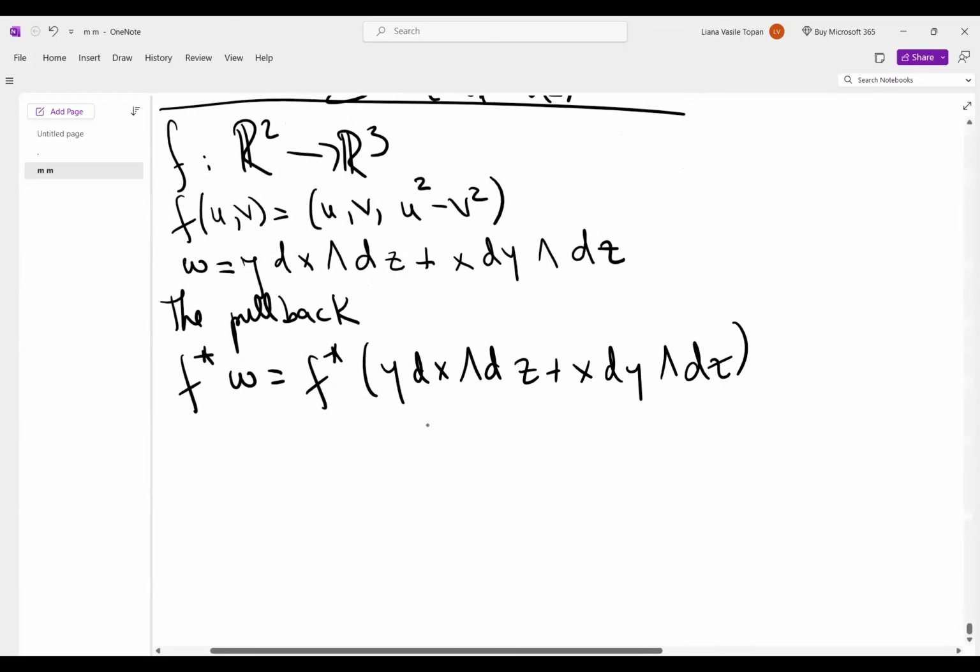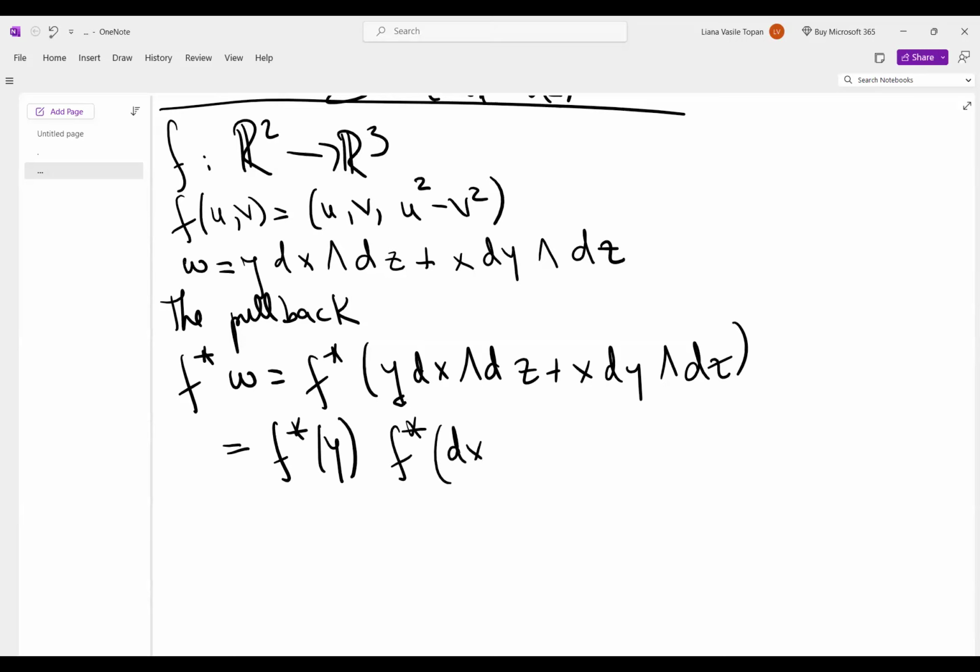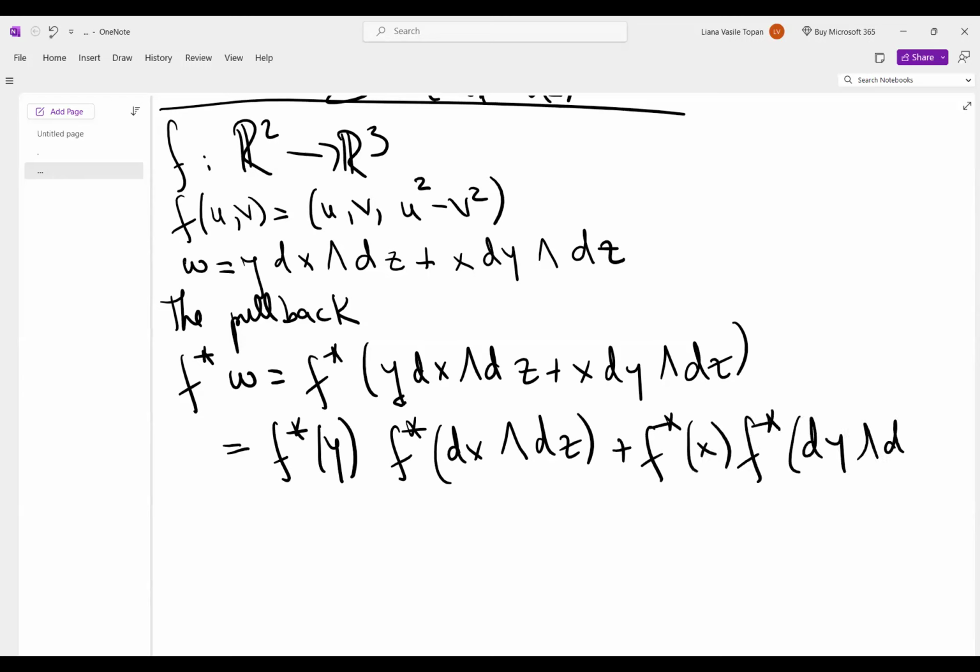This will be f star of y, f star of dx wedge dz, plus f star of x, f star of dy wedge dz.